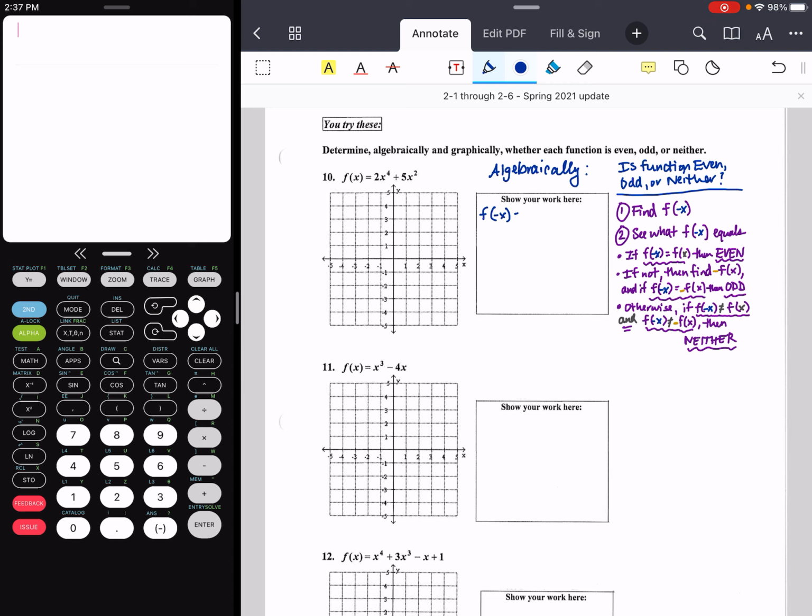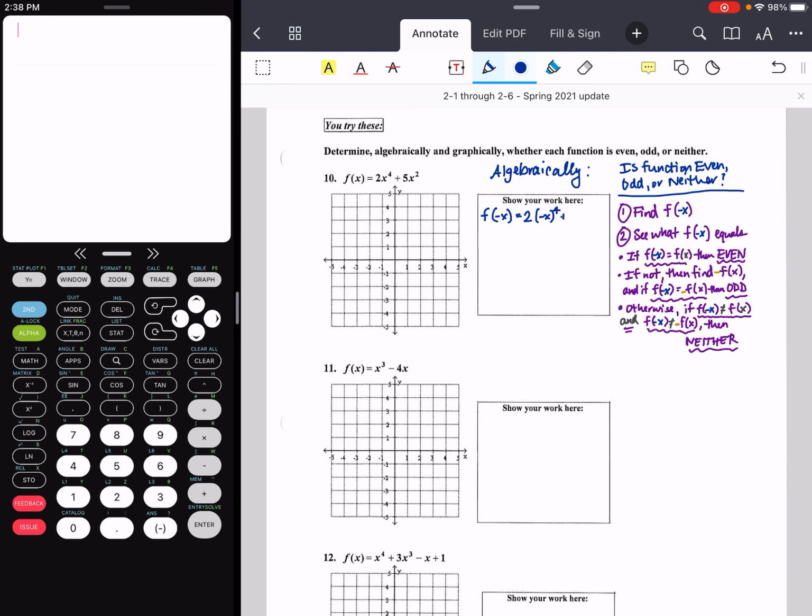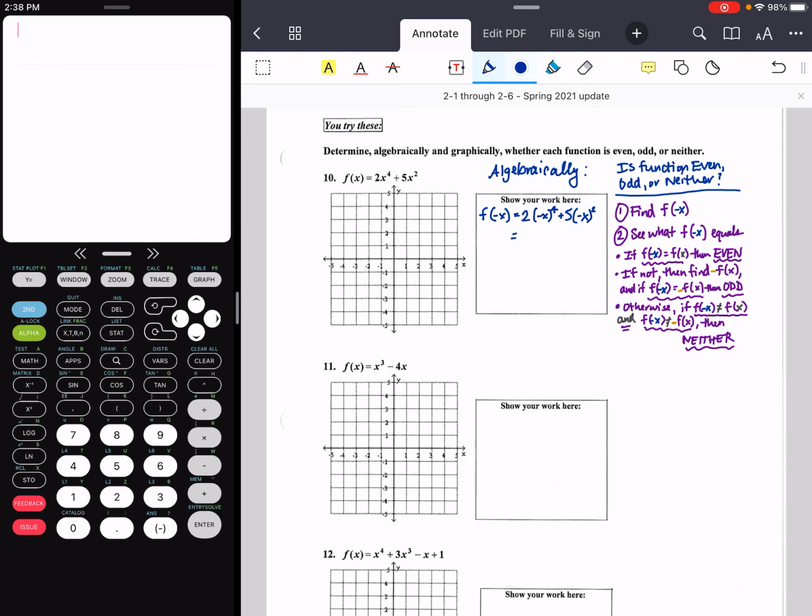Okay, so f of negative x is going to equal 2 times negative x to the fourth plus 5 times negative x squared. So that's my first move, rewriting negative x in parentheses everywhere that x used to be. And then negative x in parentheses raised to an even power is going to come out positive.